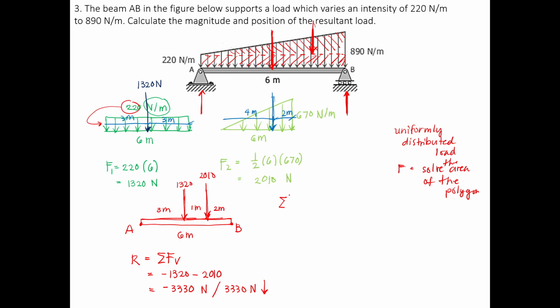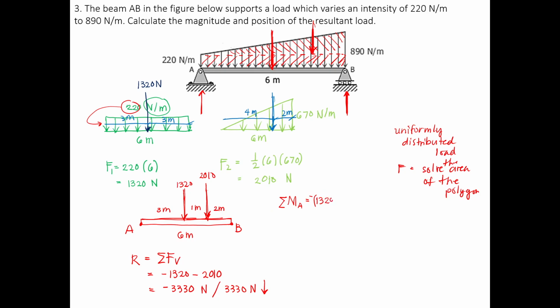Alright, so I'm going to show you both, lang siguro, so you can compare. So moment about A, let's start off with A first. So that will be 1320, and that will be negative because the rotation is clockwise.